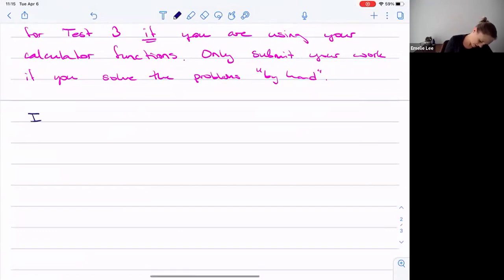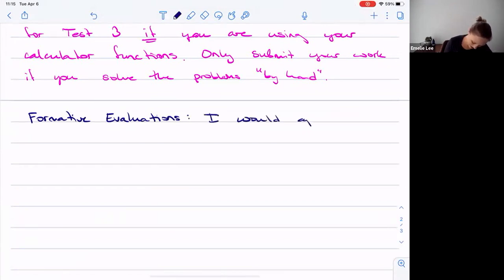Let's see here. I'll just make a note here. Formative evaluations. That's for me. I would appreciate it, and I do. Definitely, I used to beg my students, can you please do them, because it's how you get more work.